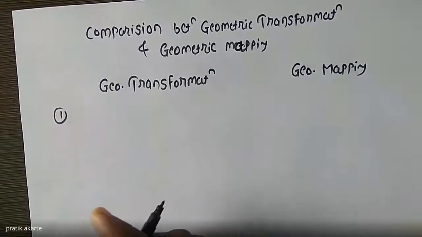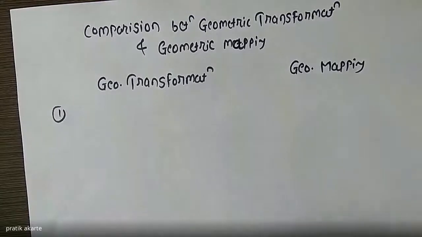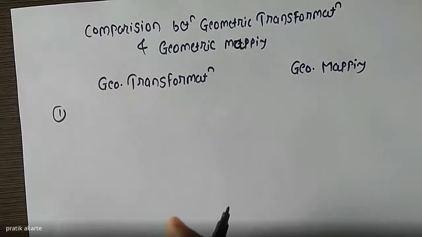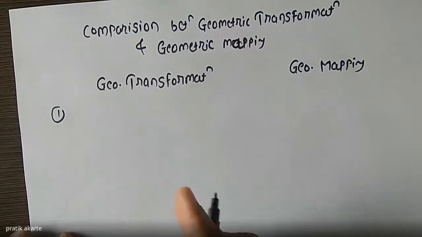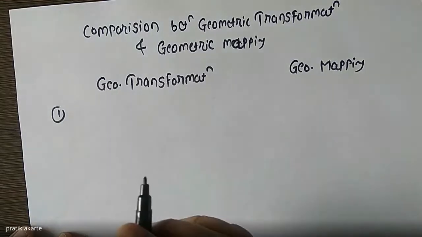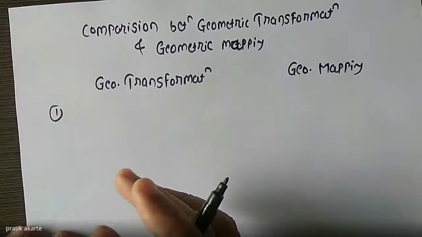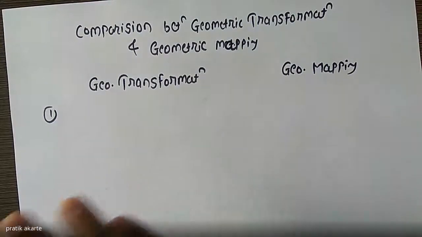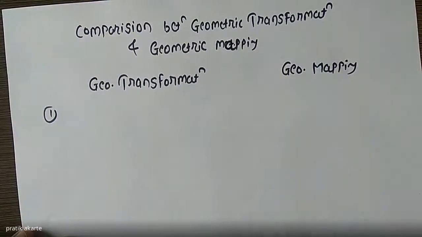In geometric transformation, there is a change in size, shape, position, orientation of the graphical element within the same coordinate system. While solving the problems of transformation, we haven't changed any coordinate system. Whatever transformations we have carried out, all those transformations are in the same coordinate system.